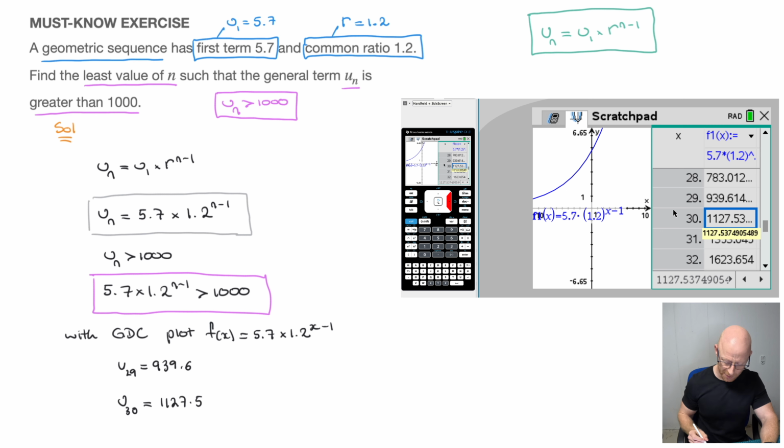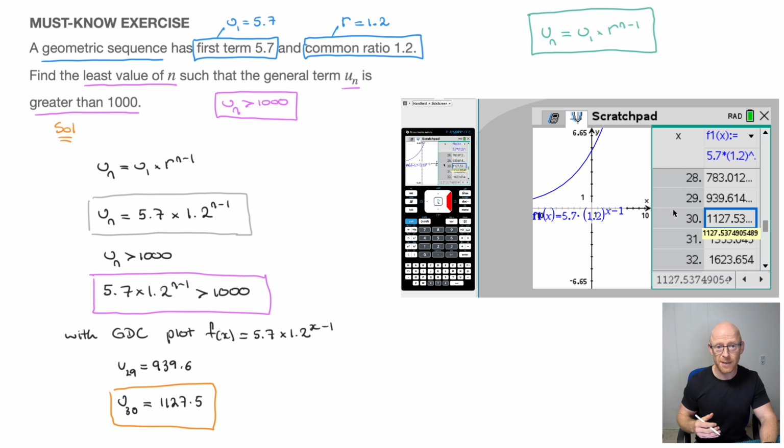And so what that shows us is that when n is equal to 29, it leads to the 29th term of the sequence, which is 939.6, but when n is equal to 30, it leads to the 30th term of the sequence, which is 1127.5. In other words, the 30th term of the sequence is the first one which is greater than 1000.